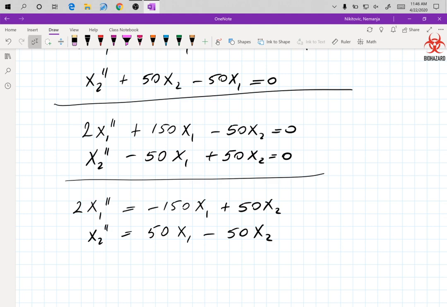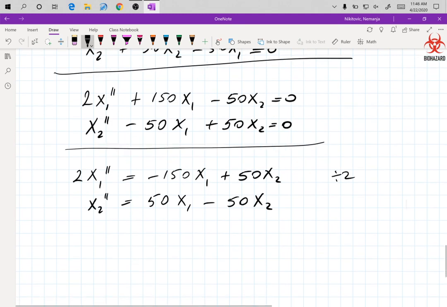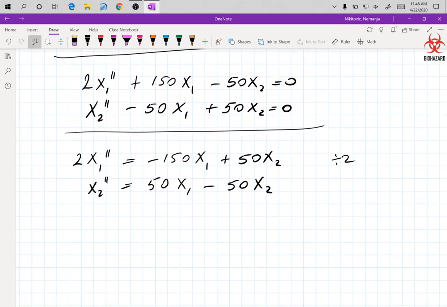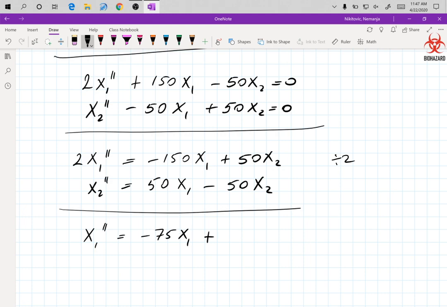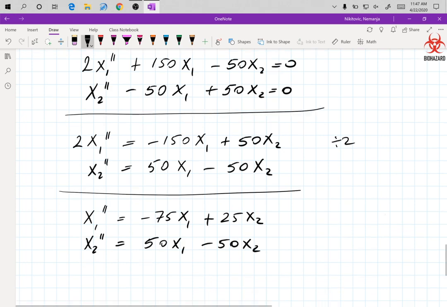And I'm going to divide the top by 2. That will give me x1 double prime is equal to negative 75 x1 plus 25 x2, and the second one, x2 double prime, stays the same. There we go. Perfect.